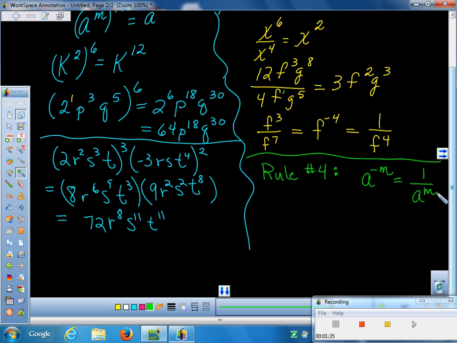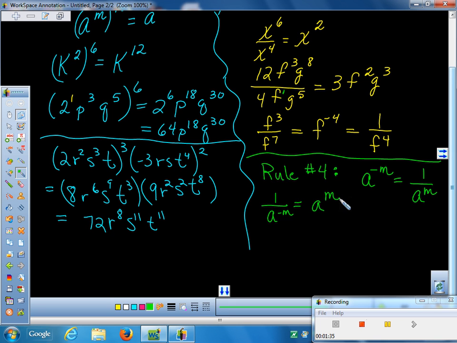But what if the negative power is on the bottom? Then you move it to the top and make it a positive power. All you have to remember about negative powers is that they move to the opposite location, top to bottom or bottom to top. That's all you have to remember, and you've got negative powers down.